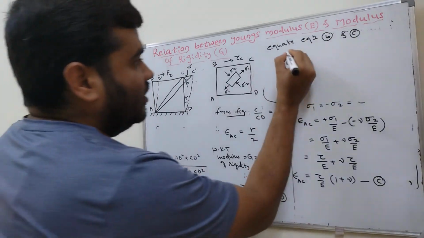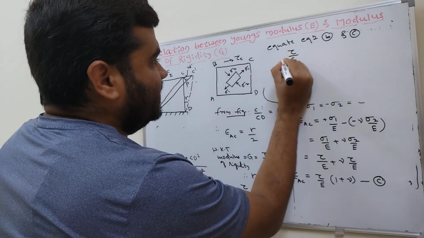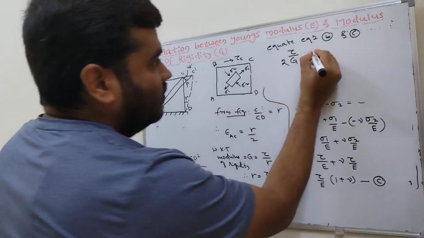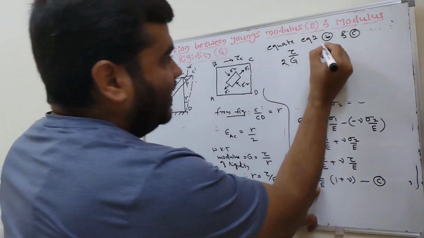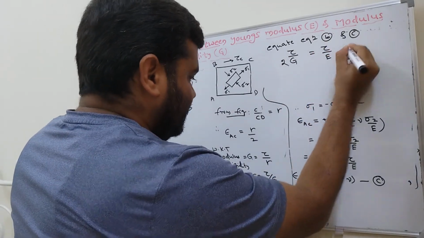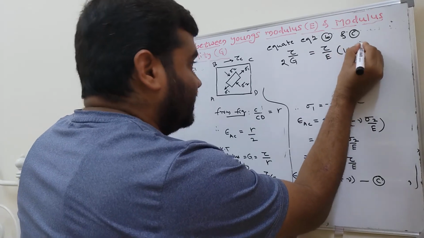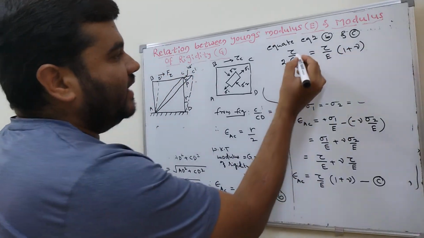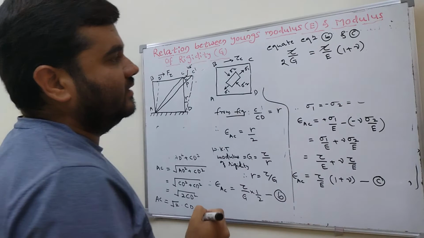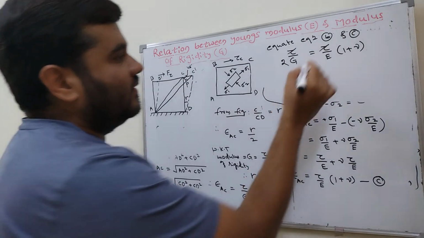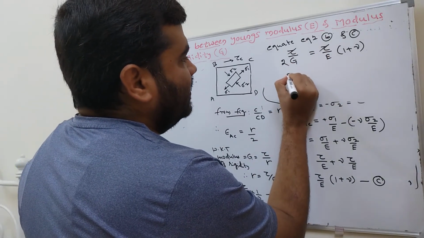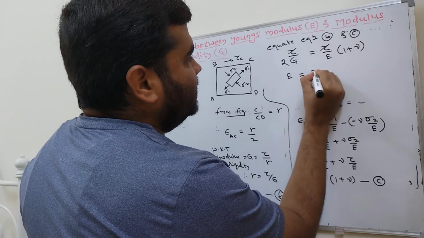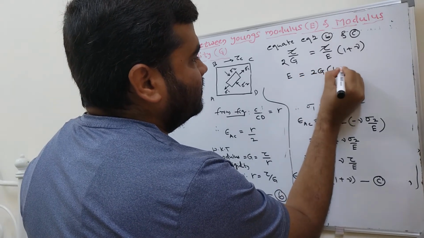What is B here? Tau by 2G equal to tau by E into 1 plus nu here. Now tau cancels on both sides. Therefore, E equals 2G into 1 plus nu.